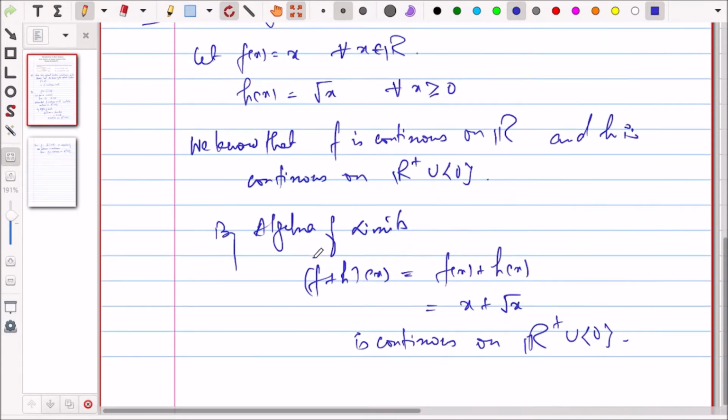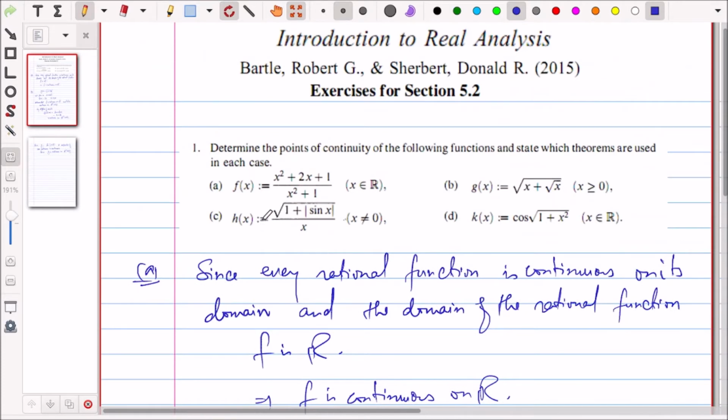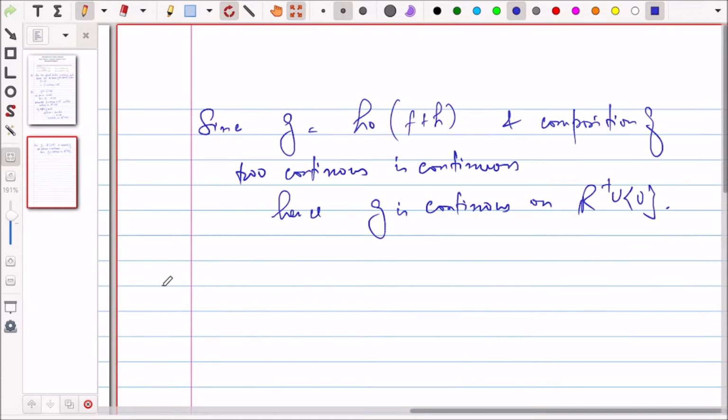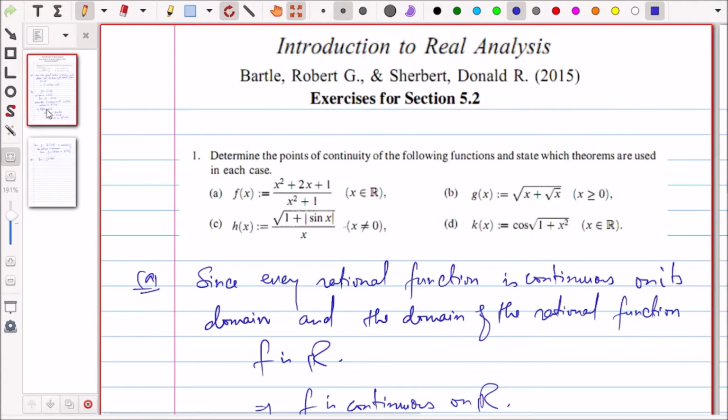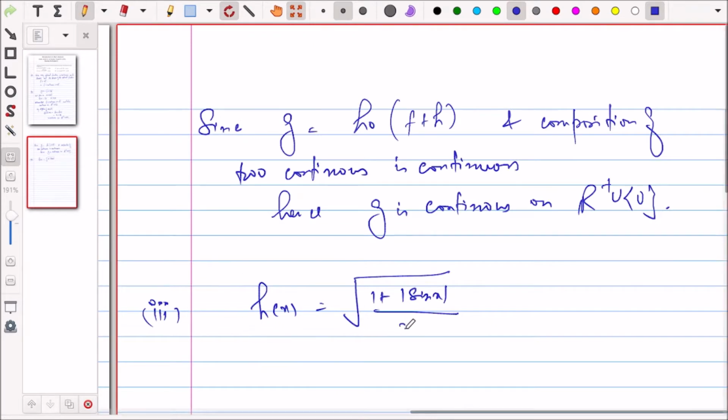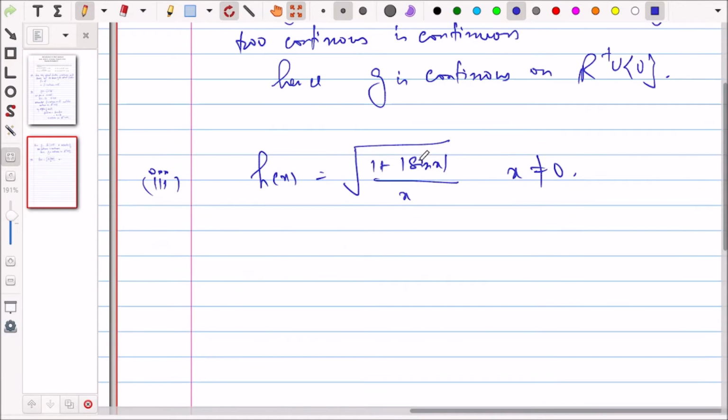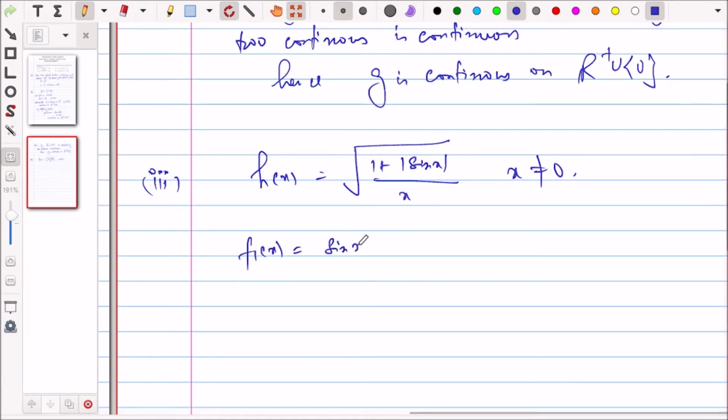Now, what is the next part? Third part, we are given h(x) equal to root of 1 plus mod sin x upon x, and x is not equal to 0. So we have to define 3-4 functions again. The first function is sin x, so f1(x) is equal to sin x. Because mod is also used, f2(x) equals mod x.